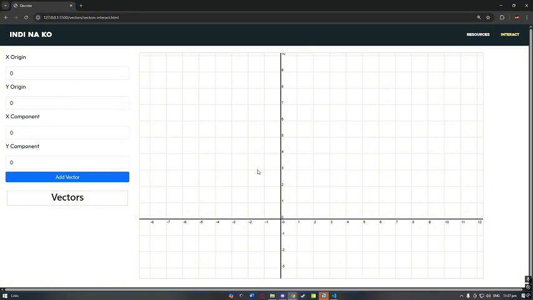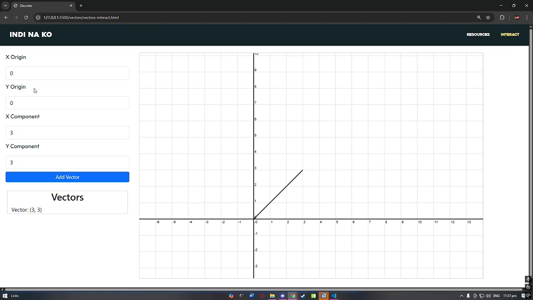For example, if you want to create a vector line from 0, 0 going towards 3, 3, if we do this, it will just create a vector line.